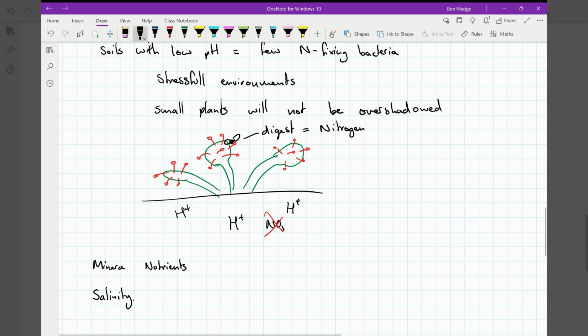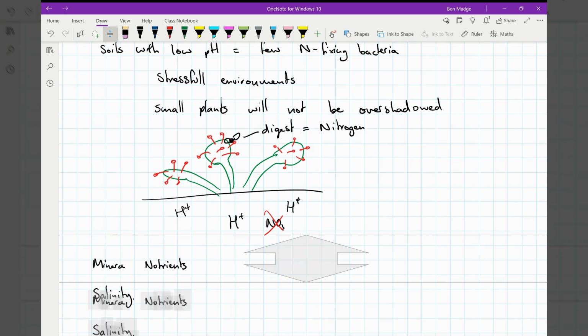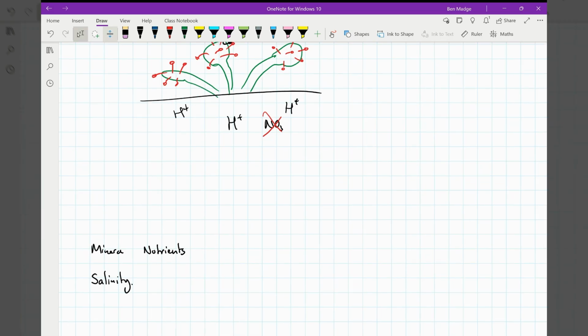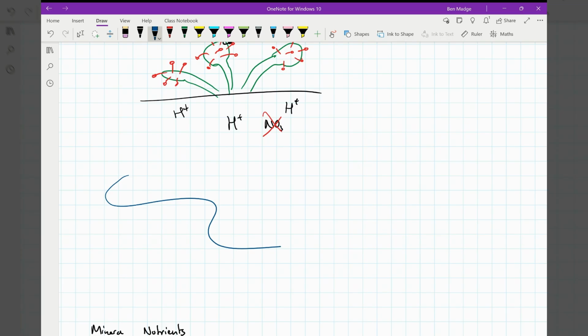In addition, in water that is polluted with acidic mine waste, for example, so acid mine drainage in a river, we have our spoil heaps that seep acid-rich waters into our river. So this has got a low pH.